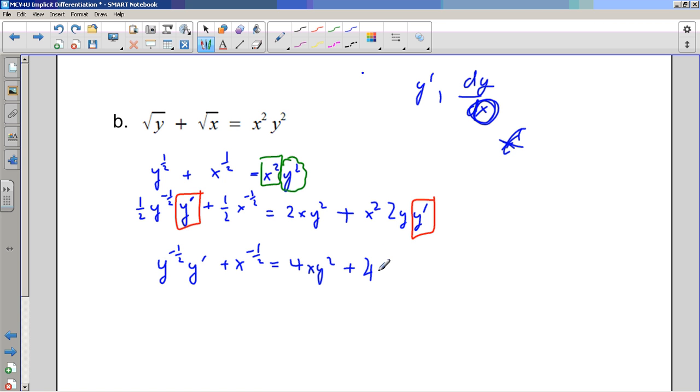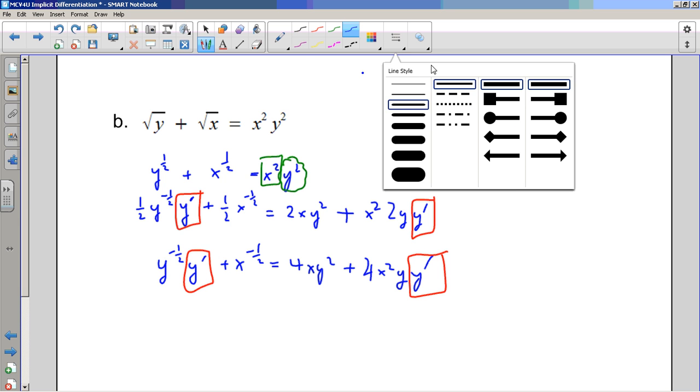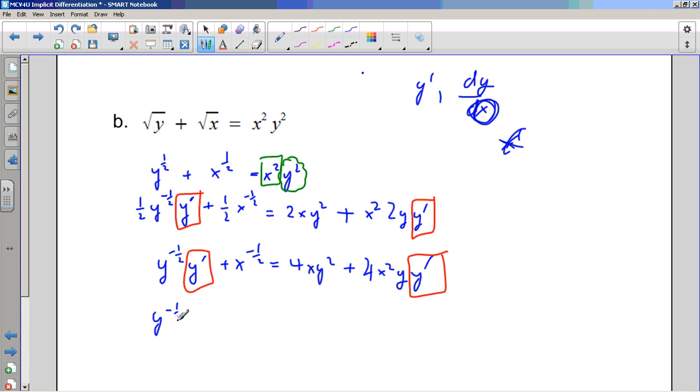That's going to be 2 times this is 4x squared y. Notice there's some nice symmetry in these implicit derivatives. Well, it's because there's symmetry in this relation, in this equation here, so it makes sense to be some symmetry in the derivative as well. Again, we're solving for that. So all of these terms on one side, all the non-y prime terms on the other side. Write down this, subtract x to the exponent negative a half, factor out.